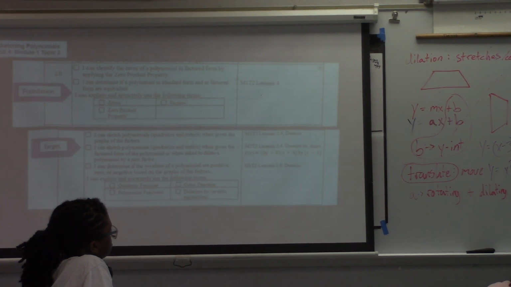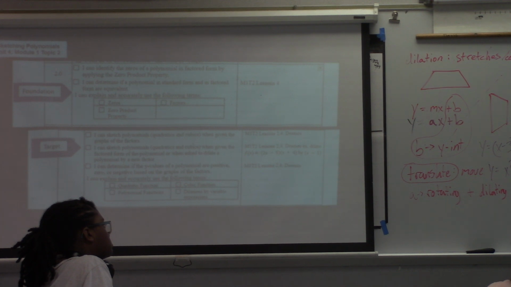Well, what do we do with factors? Oh, we multiply factors, right? And we already said that this standard form and this factored form are equivalent, so what's one of the factors for x squared minus x minus 6? What do we do with factors? Okay, so I have my factored form here.